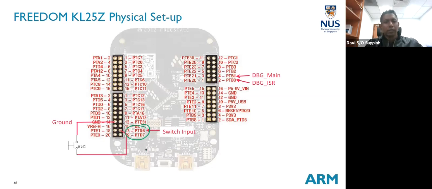All right, so now if I were to just give you this circuit like this, and there's no other information, when I close this switch or when I open this switch, what is the logic level at port D6? If it is open, what is the logic? If it is closed, what is the logic?